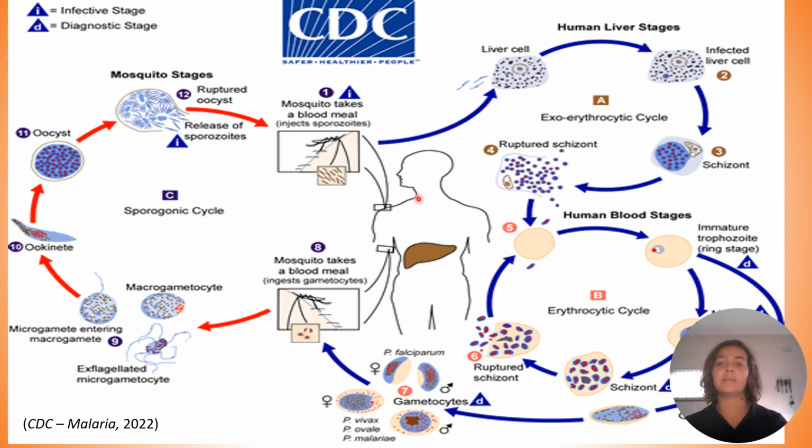These sporozoites migrate to infect the human liver cells and mature into schizonts and then rupture, releasing merozoites that can infect the red blood cells. The merozoites are matured via asexual reproduction.